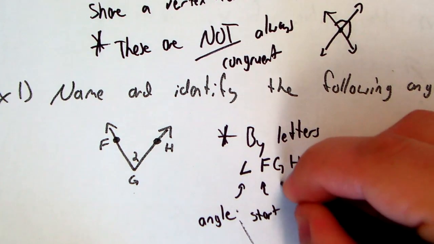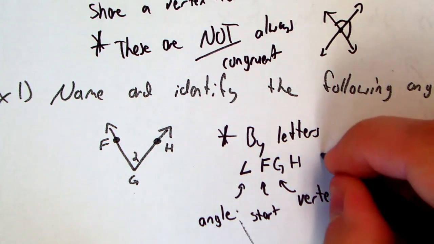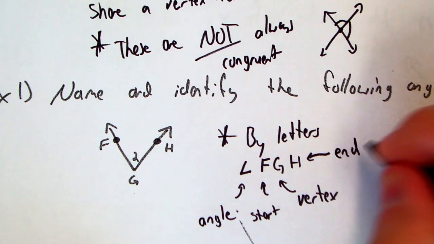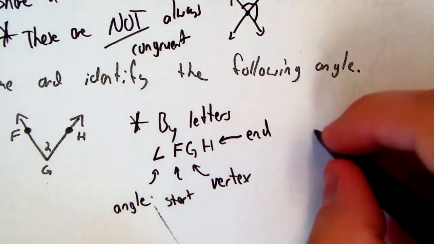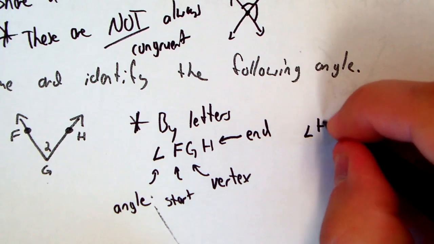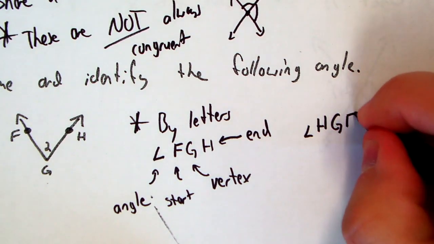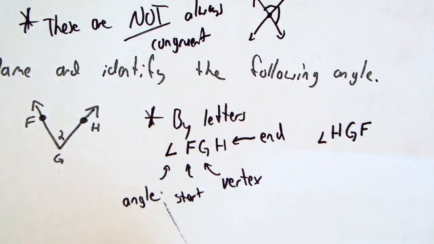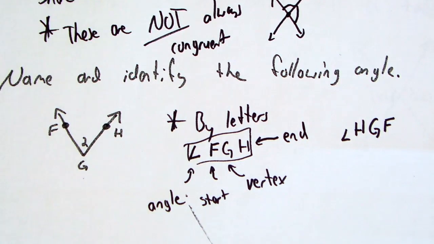The middle letter is always the vertex. And this last letter is the end. So we could also reverse this too. We could start at H, still go through G because that is the vertex, and end at F. Generally, we like to go alphabetical, but it doesn't always have to be that way.